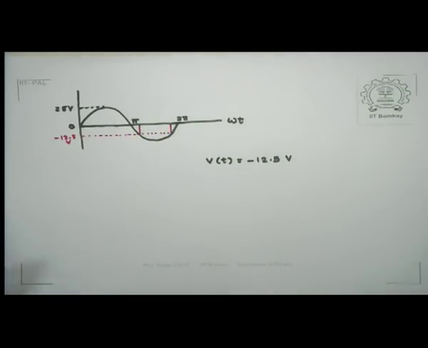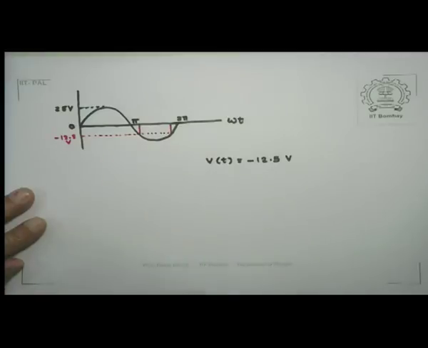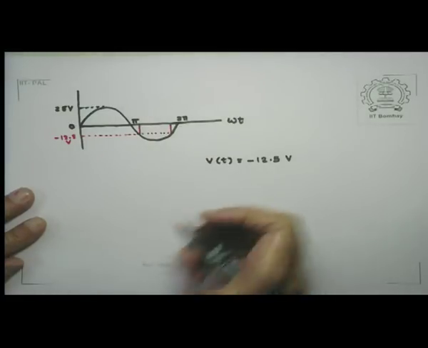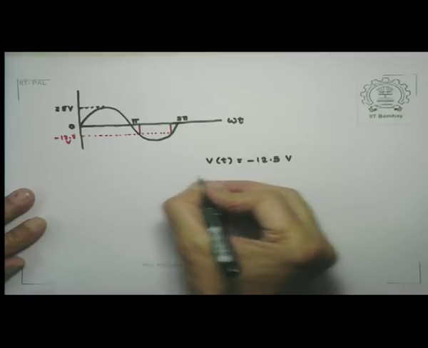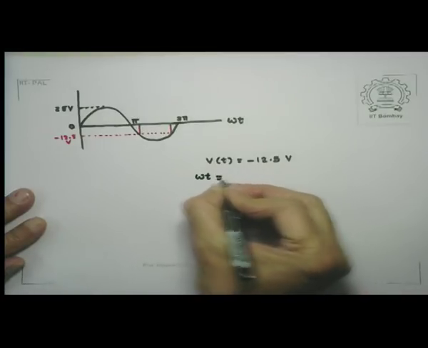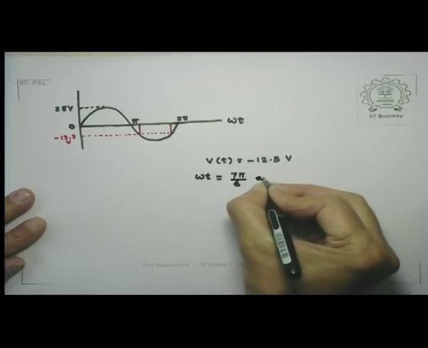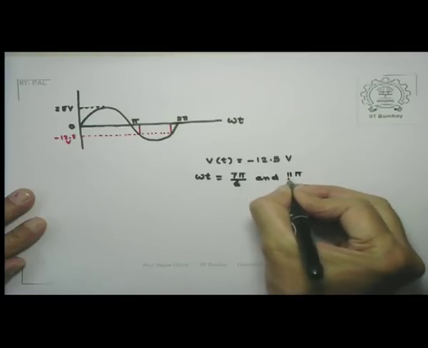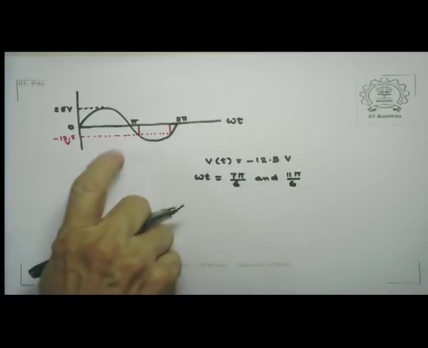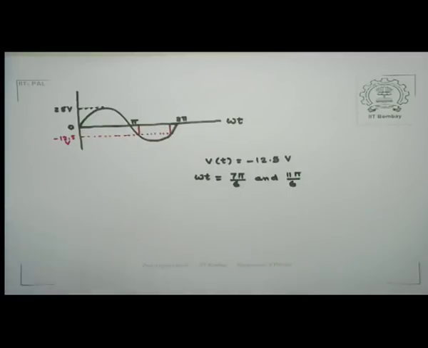Now if you just look up a table and find out where it actually occurs, you will find that this is occurring at omega t equal to 7 pi by 6 and 11 pi by 6. And that's purely because this magnitude is half of the maximum value.